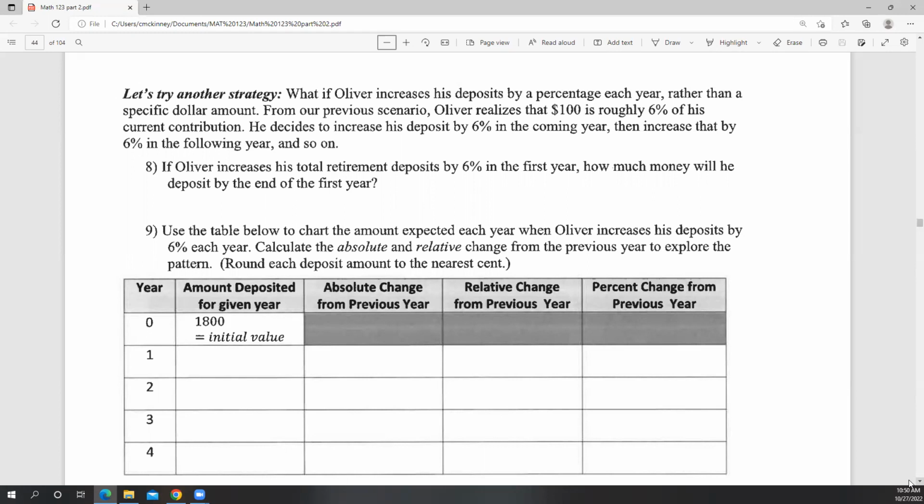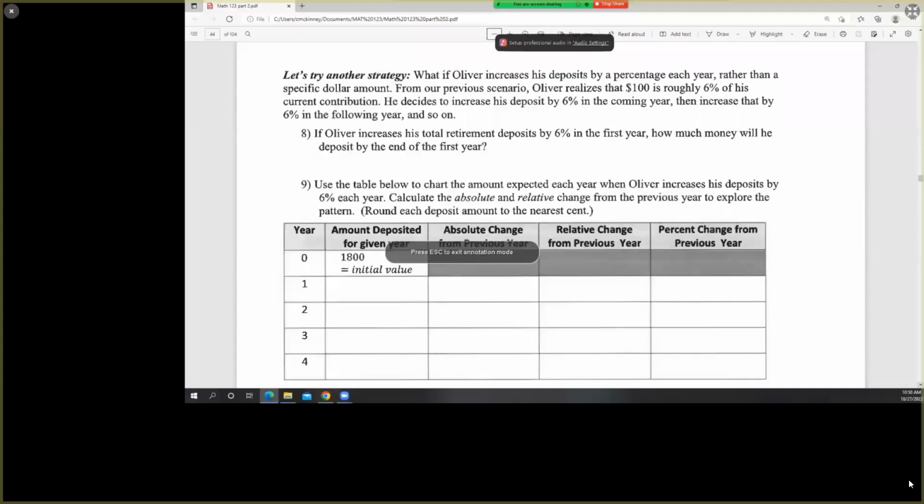So if he increases his total retirement deposits by 6% in the first year, so if we're going to do 1,800 and he's increasing it by 6%, it's not just going to be the 6%. So I could do times 0.06 to find out how much it's going up and then add it on.